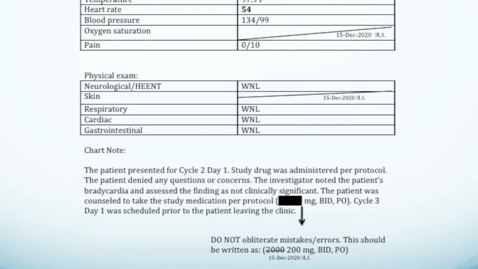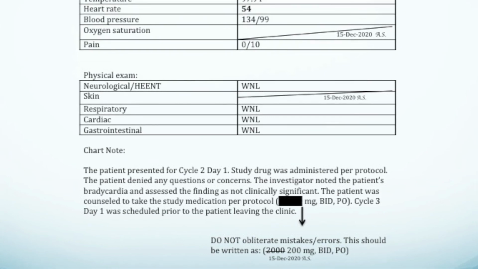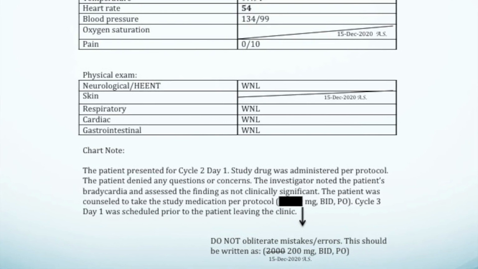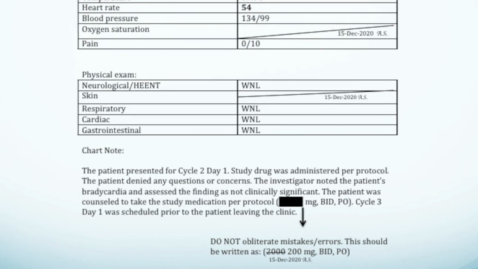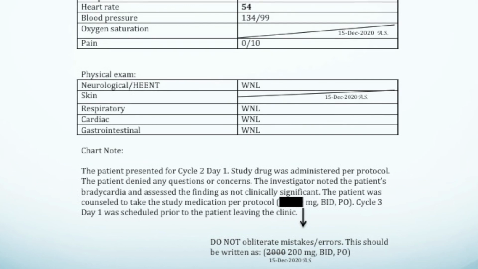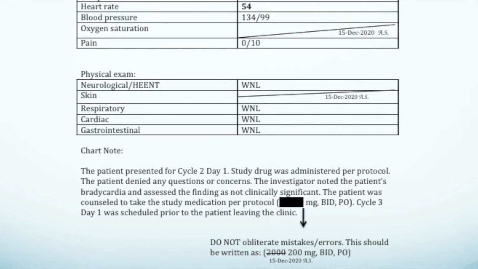We can also see that the oxygen saturation was inadvertently not captured, and the nurse came in the next day, realized that mistake, and drew a single line through that blank space with a date and initials.